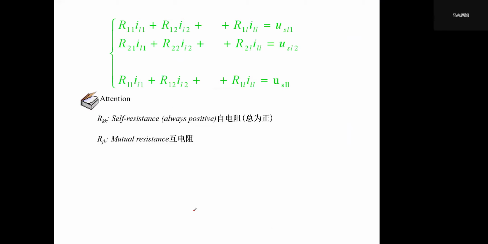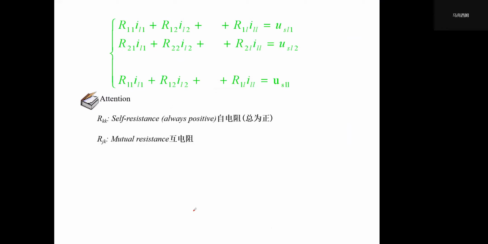If the loop currents on the common branch flow in the same direction, the mutual resistance will be given a positive sign.